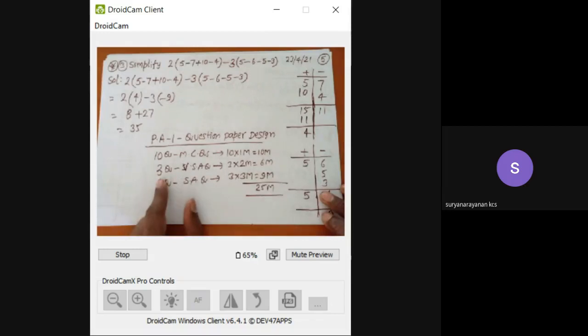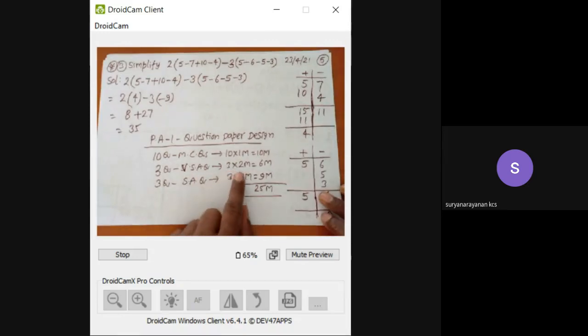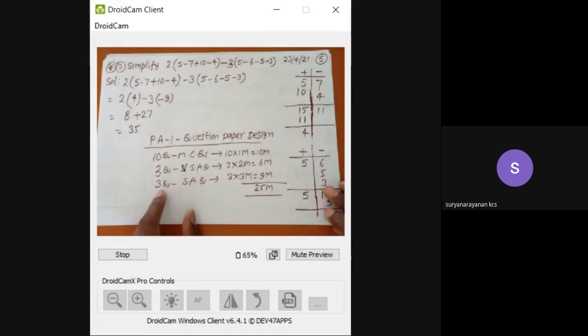In the second section, there are 3 questions, very short answer type questions. Each question carries 2 marks. So 3 into 2, 6 marks. And the third section, 3 questions are there, short answer type questions. Each question carries 3 marks, 3 into 3, 9 marks. Total 25 marks.